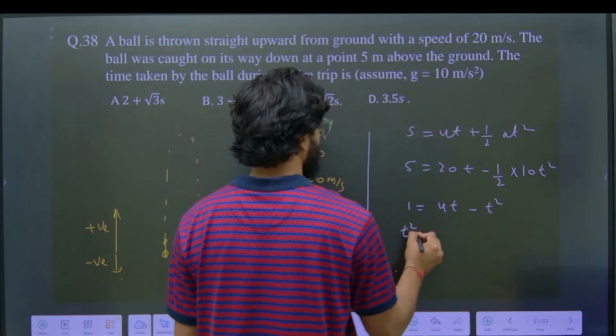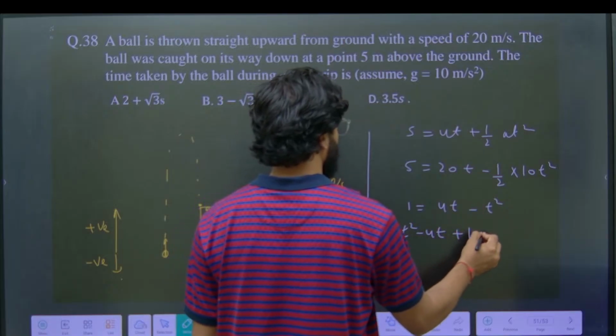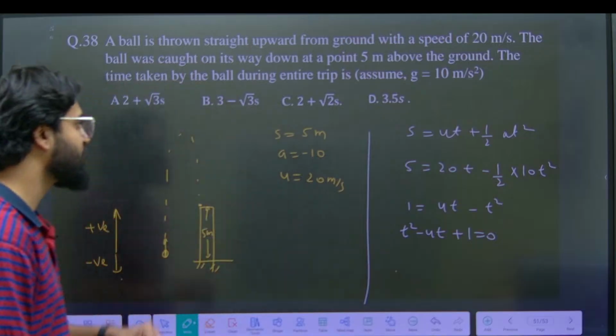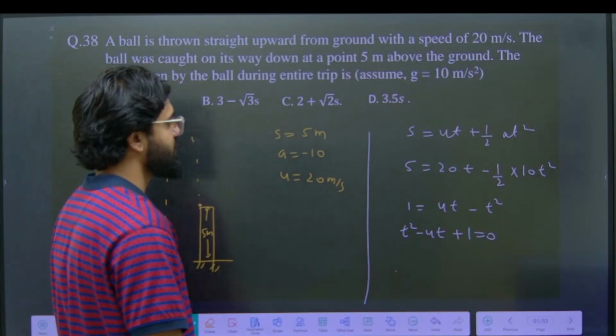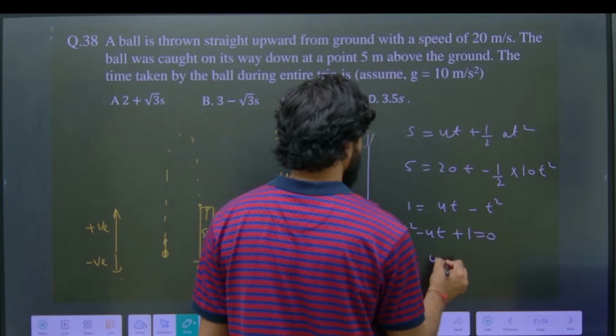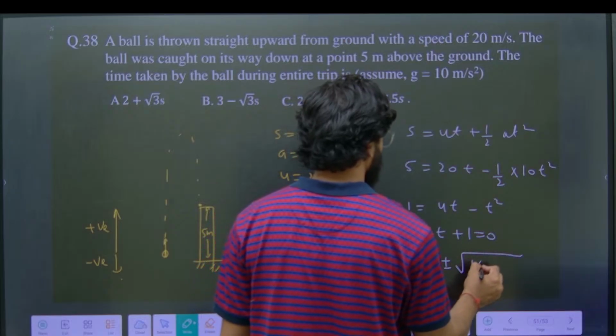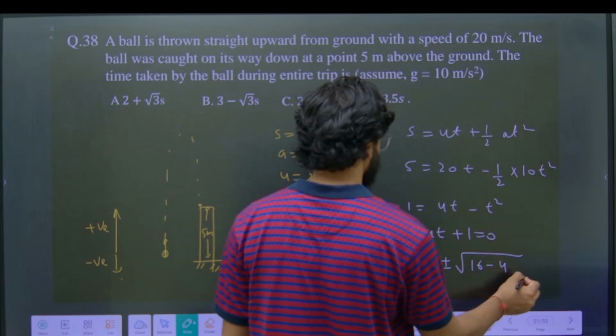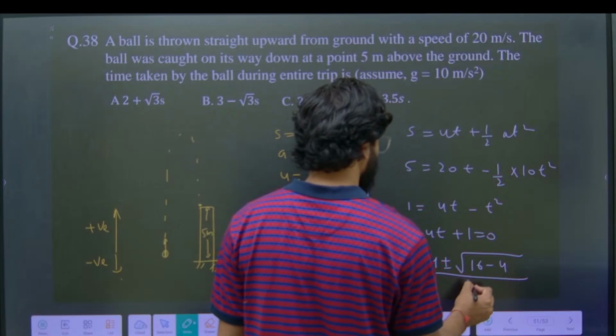So t square minus 4t plus 1 equals 0. Correct. So t will come out as 4 plus minus under root b square minus 4ac, upon 2a, which is 2.